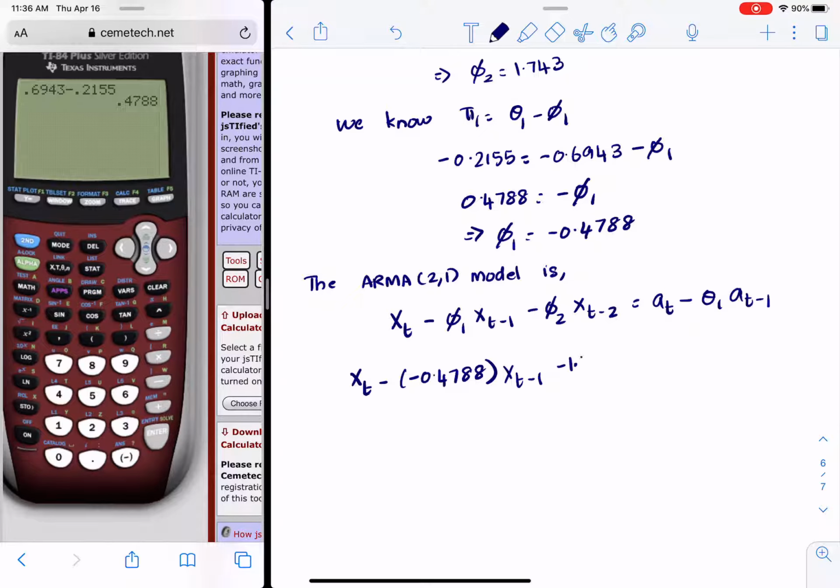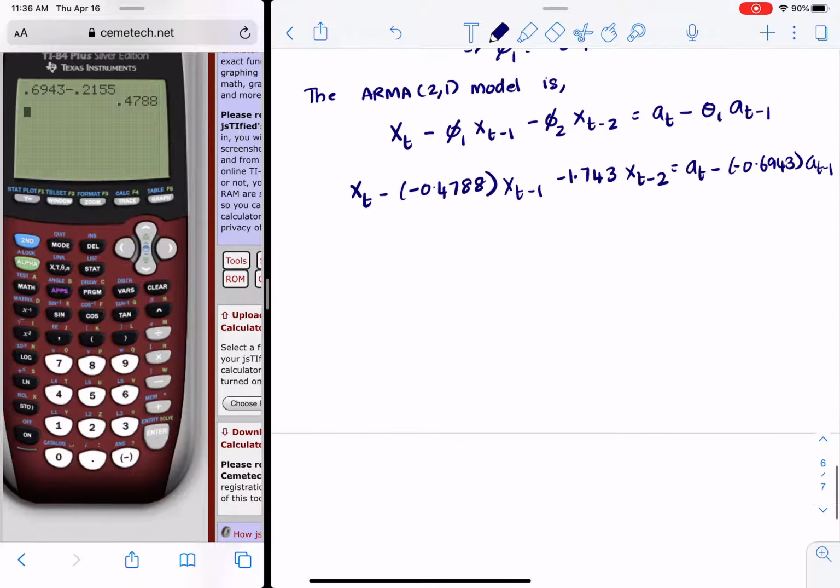Phi 2 is 1.743, theta 1 is minus 0.6943. So we end up getting xt plus 0.4788 xt minus 1 minus 1.743 xt minus 2 equals at plus 0.6943 at minus 1. And we have successfully found the ARMA 2-1 model.